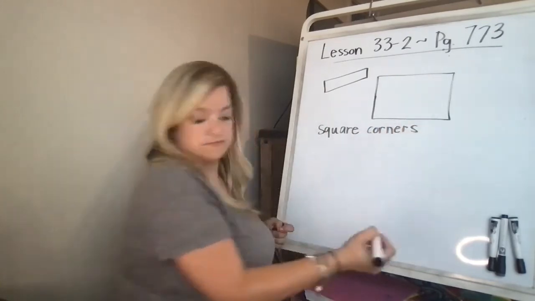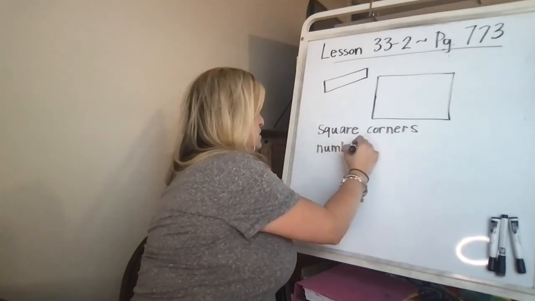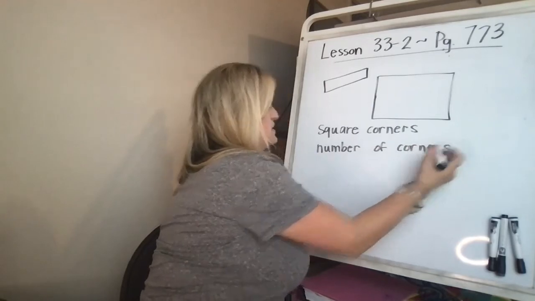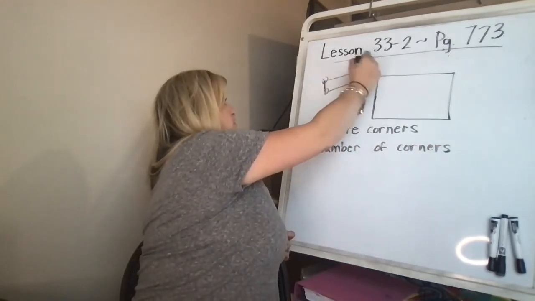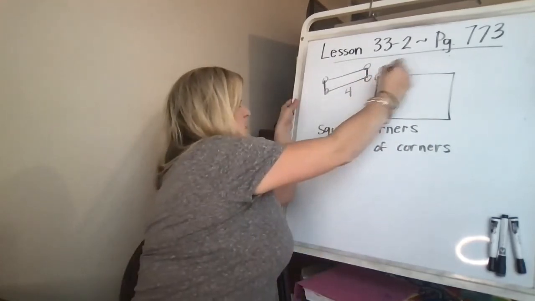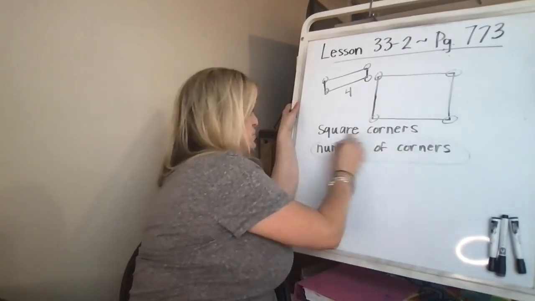Square corners, and then the number of corners. So let's see, I'm going to count 1, 2, 3, 4. This one has 4 corners. And then 1, 2, 3, 4. Yep, so number of corners is correct.